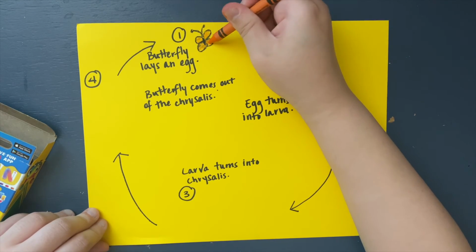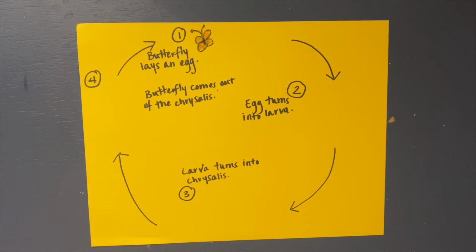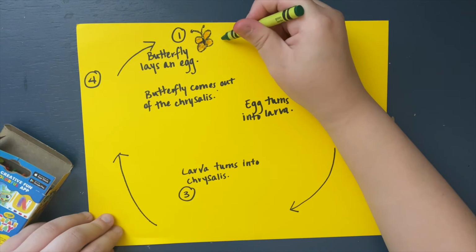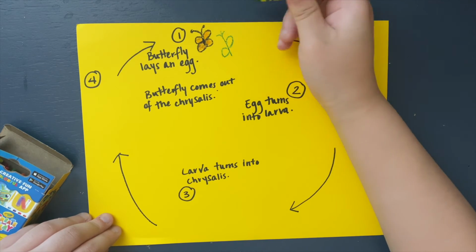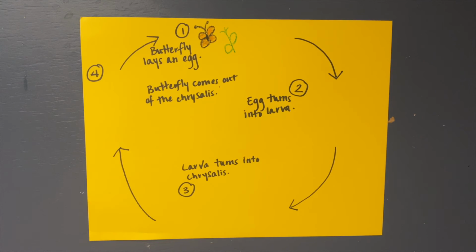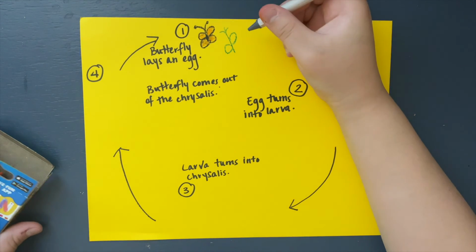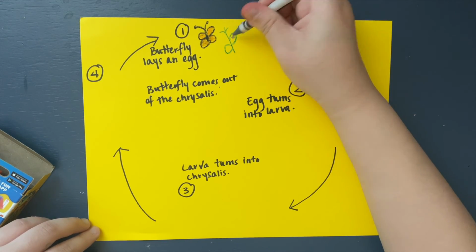Doesn't have to be perfect. And so if we remember correctly, the butterfly lays an egg on a plant. So we can draw a plant here. And we can try to draw a little egg. These eggs are usually white, but we can use gray. So there's the little egg.